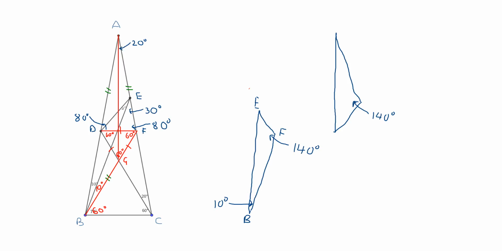But if I look at triangle ADG and AFG, well, AD is the same as AF, DG is the same as FG, and AG is just a common line, or a common segment or interval. So this triangle, ADG, is congruent to AFG.